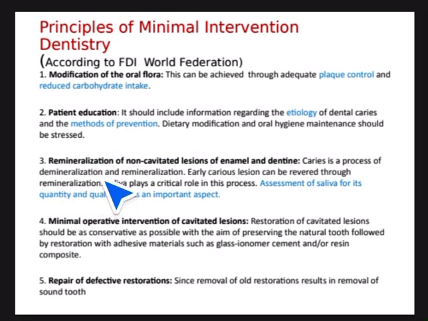Number 3 is remineralization of non-cavitated lesions of enamel and dentine. Now, I hope you know this. There is something called an incipient lesion. What is an incipient lesion? An incipient lesion means a demineralized area, a white, opaque area you see on the enamel.